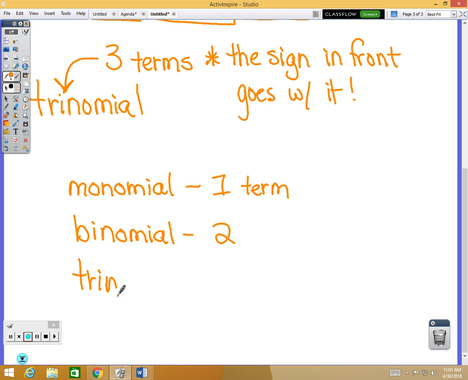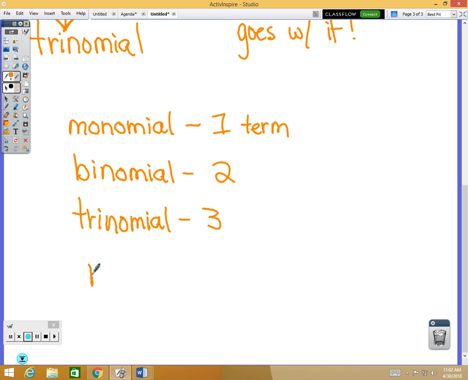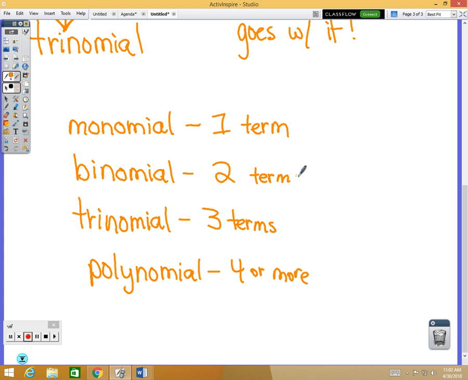A trinomial is 3 terms, and then you would just use polynomial for more than that, okay? So all those prefixes that you've learned about in language class kind of help you out with this.